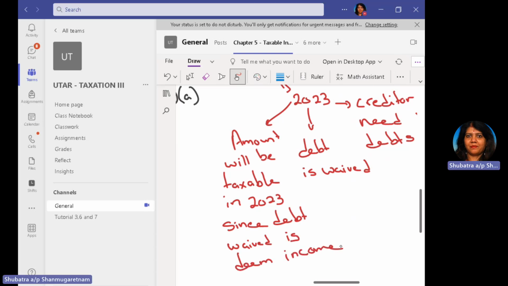Inland Revenue says because you don't need to pay your creditor, you have saved say $1,000. Because you don't need to pay your creditor $1,000, you have now saved $1,000. Am I right? When you save that $1,000, is it more money for you to spend on other things? So it's an income to you. All right? So therefore you will be taxable on it.